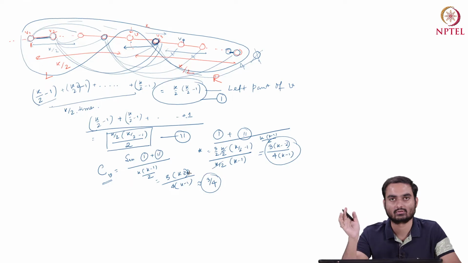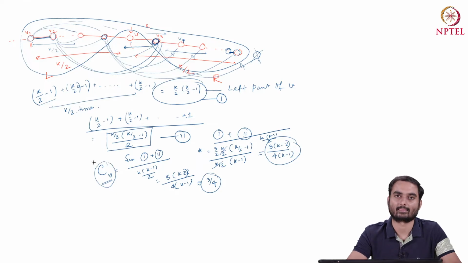As the network grows, let the number of nodes increase, doesn't matter, the clustering coefficient will always remain the same, 3 by 4, right, which is quite large. So the clustering coefficient property that a synthetic model needs to satisfy is being satisfied by the regular lattice model. But there are multiple problems.